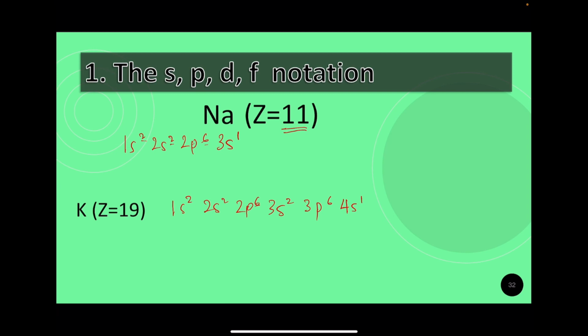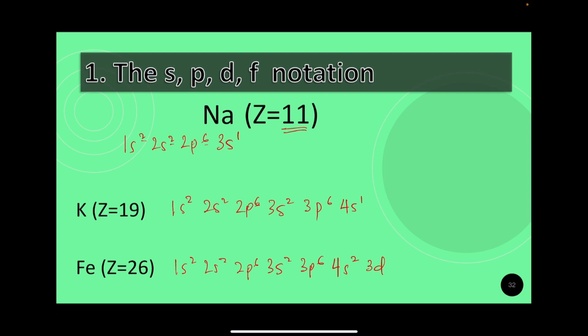And the next one is iron with 26 electrons. So as usual, we start with 1s2, 2s2, 2p6, 3s2, 3p6, 4s2, and then after 4s we continue with 3d. Before we fill up the electrons, we can count how many electrons we have used already: 10, 20.